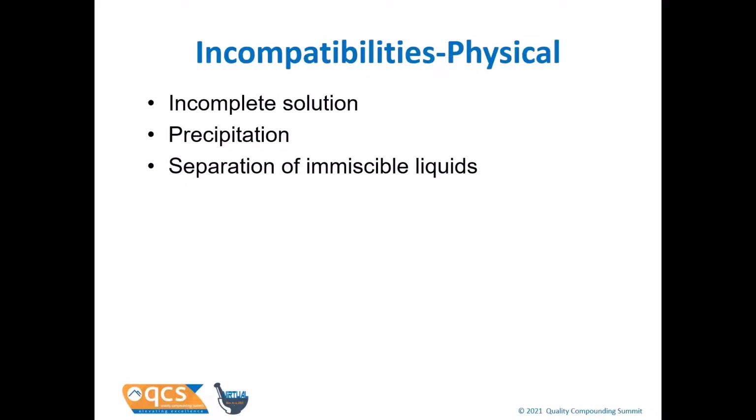If you try to mix oils and water, obviously you've got two immiscible liquids. And so that's an incompatibility, but we can use it to our advantage by using emulsifying agents and preparing an emulsion. And then liquefaction of solid ingredients. This is where eutectics and deliquescent solids come in.